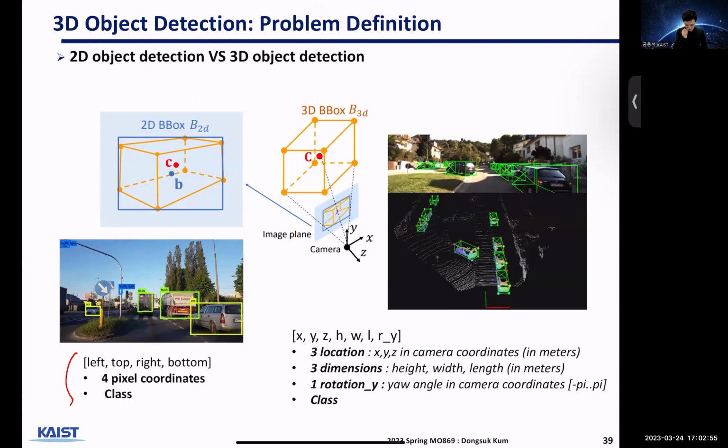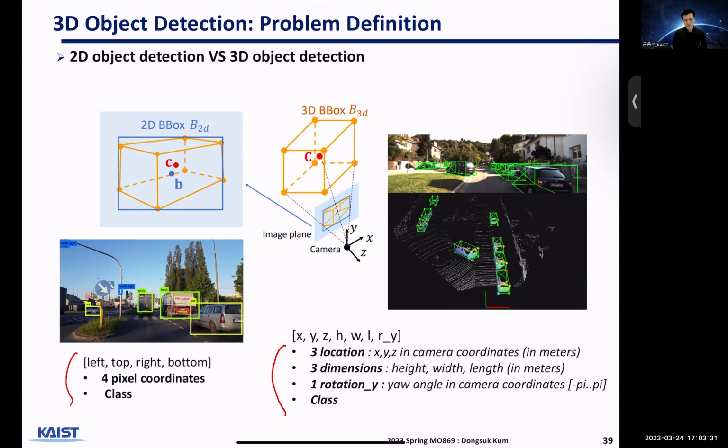But if you look at 3D objects, you usually use a 3D bounding box, often called a cuboid. And that requires much more information. So this needs to be the output of the network. So compared to 2D object detection, you need to estimate, predict more detailed information.